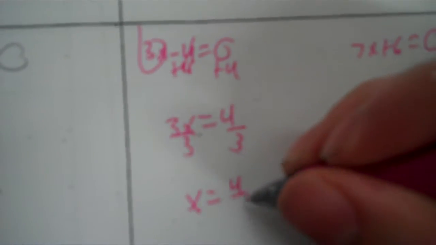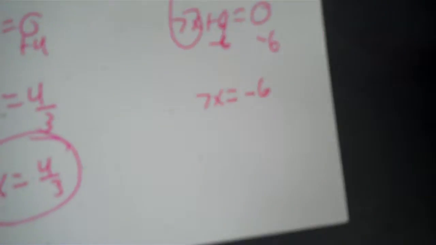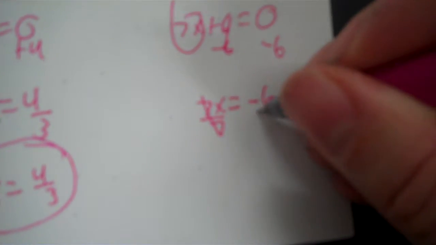So x is, if you divide 4 by 3, it goes on forever again, so I'm just going to leave it 4 over 3. Okay, so minus 6, 7x equals 0 minus 6 is negative 6. Divide by 7. So if I take negative 6 divided by 7, that's a non-ending decimal. So I'm going to leave it negative 6 over 7.